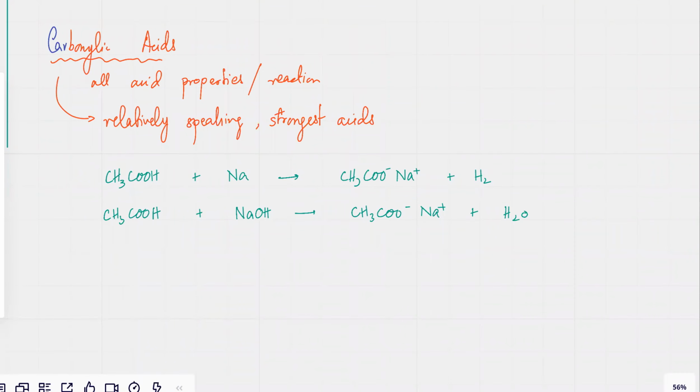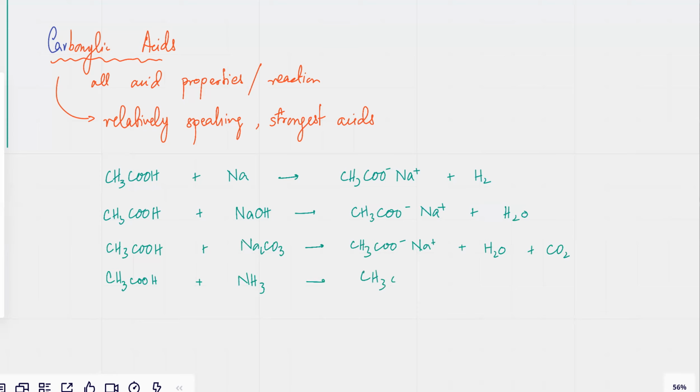Similarly, it would react with a carbonate, and in that case produce a salt, a water molecule and carbon dioxide. And acid plus ammonia produces ammonium salts, which is going to be CH3COO-1 and NH4+1.